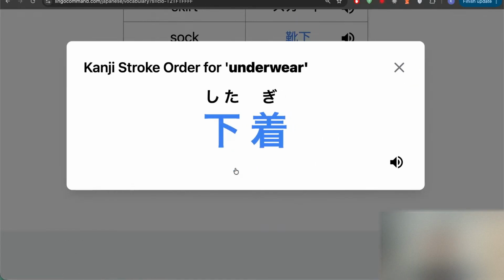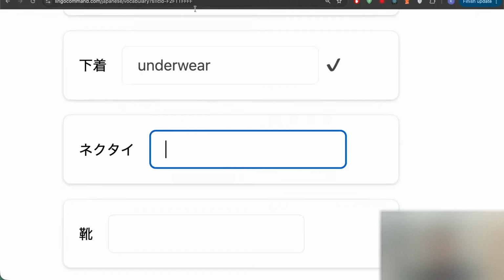And here we've got this thing called a furigana kind of breakdown. So for every kanji, we've got the equivalent hiragana slightly above it. So this first kanji, its pronunciation is shita, and the second kanji, it's gi. So together, underwear means shitagi, but that second kanji, its reading is gi in this case.